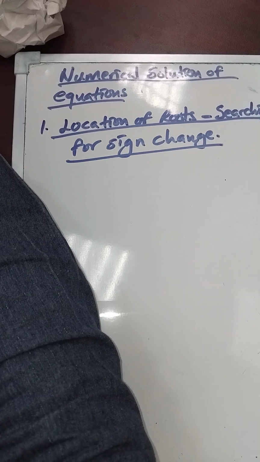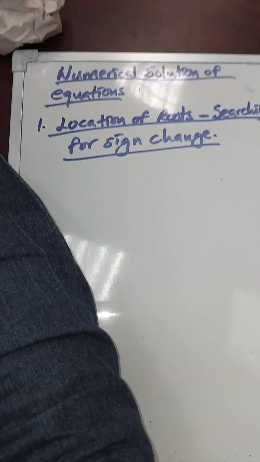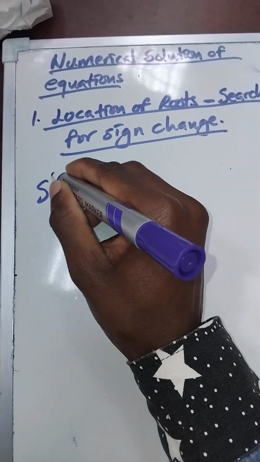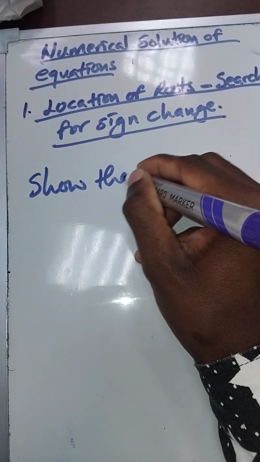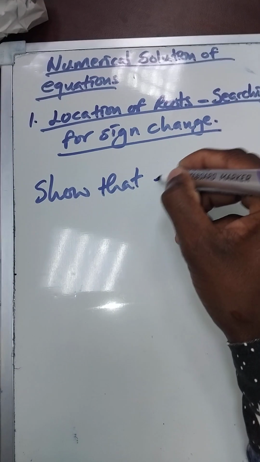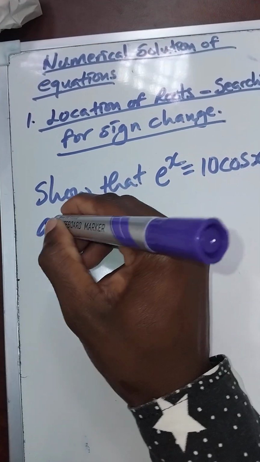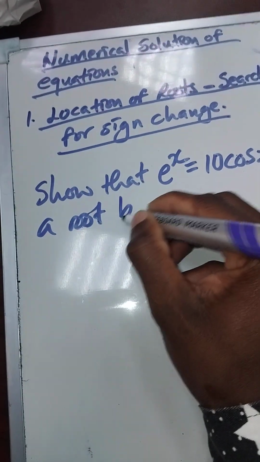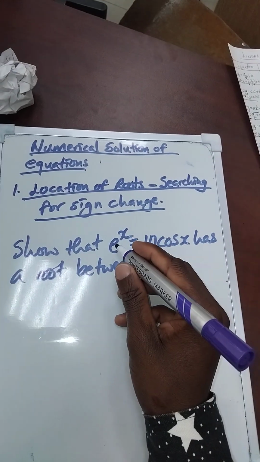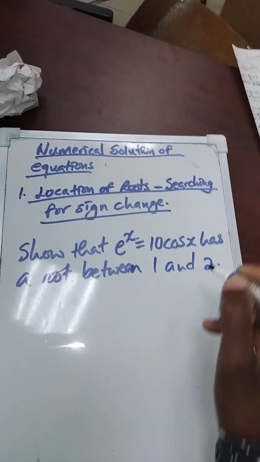So, for example, show that e to the power x is equal to 10 cos x has a root between 1 and 2.